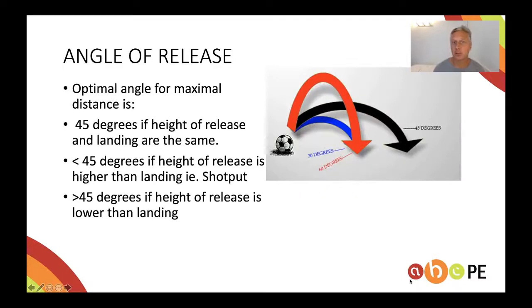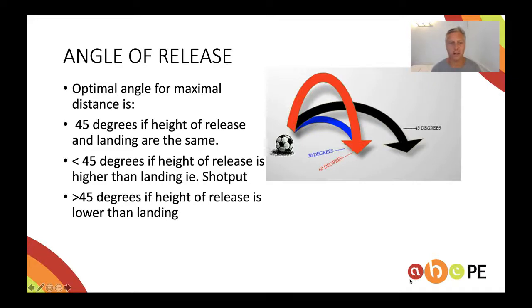The angle of release is also dependent upon the height of release and the height of landing. In soccer, where the height of release, the ground, is the same as the height of landing, the ground, then generally 45 degrees is the best angle. But if that's not the case, for example in shot put, where the height of release is at the shoulder and the landing point is the ground, then the angle should be below 45 degrees.